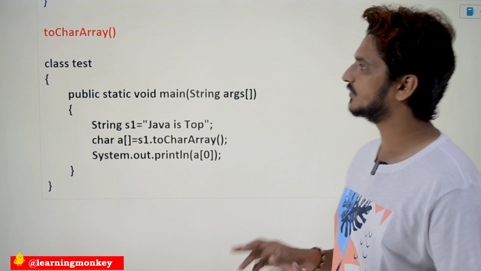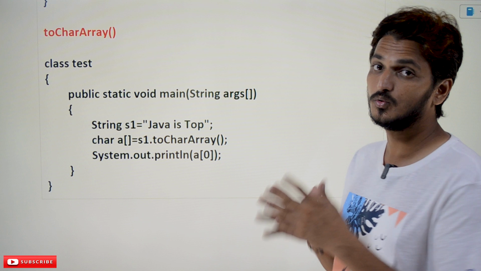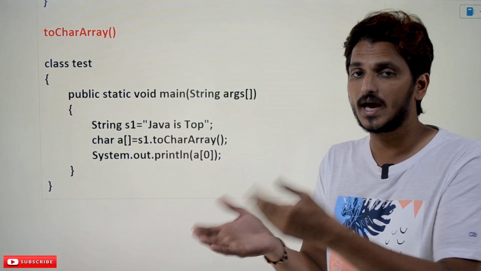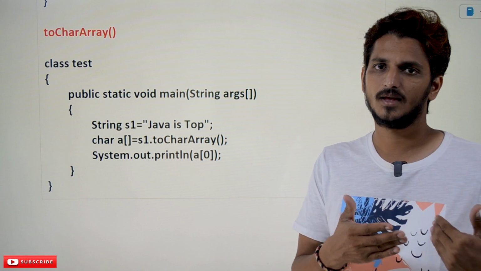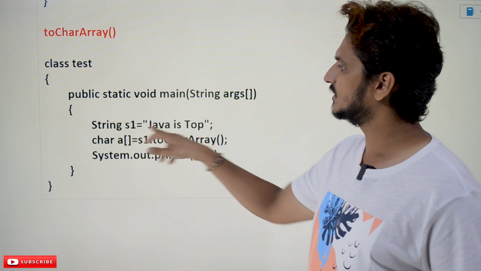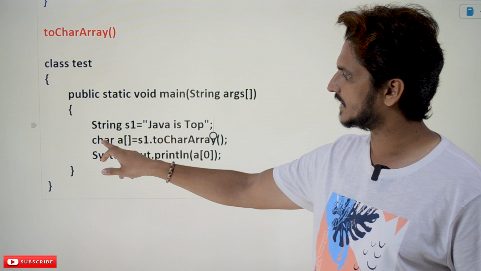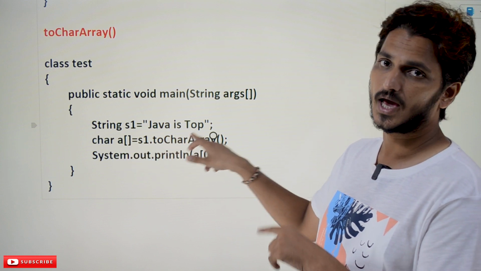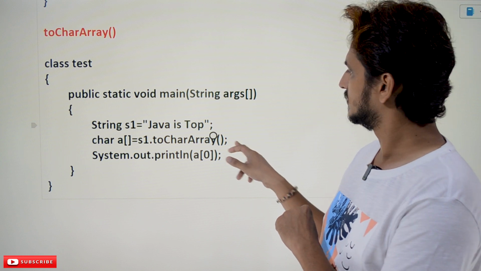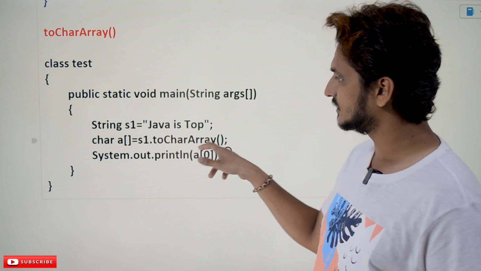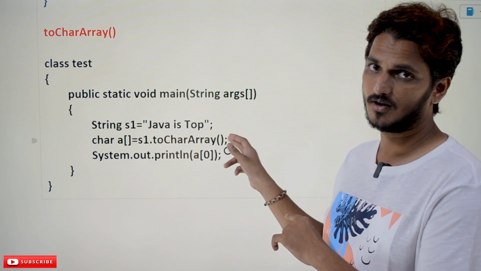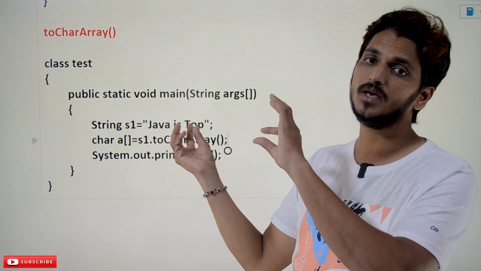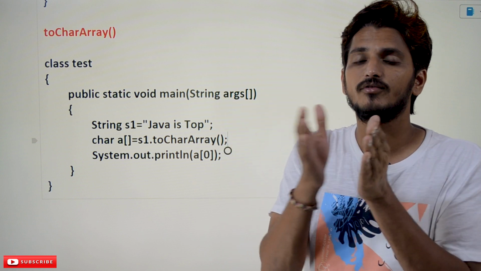Now coming to the last one, toCharArray(). You can convert the given string to a character array. So how to use that? String S1 is equal to "Java is top", char array of characters is equal to S1.toCharArray(). If you consider this S1.toCharArray(), whatever the string "Java is top" is, it is going to be placed in an array of characters.